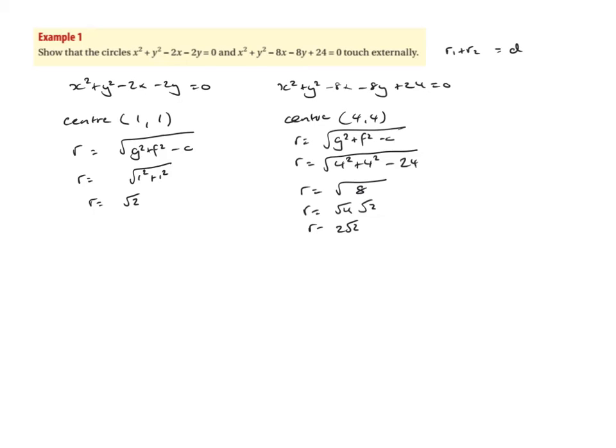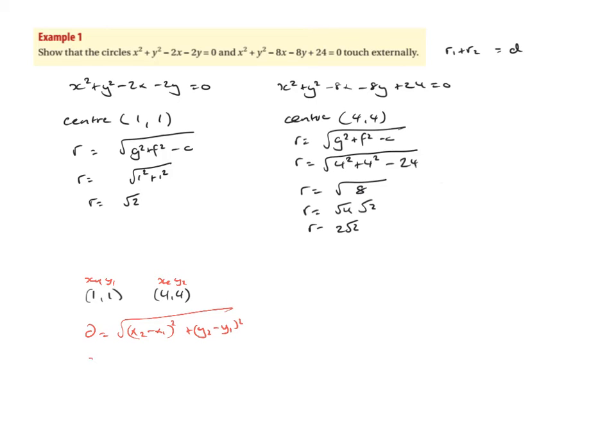So let's just write them down here. So the first centre is 1, 1. The second centre is 4, 4. We're now going to label them before we stick them through the formula. So we've got x1, y1, and we've got x2, y2. And remember that the formula for the distance is equal to x2 minus x1 all squared plus y2 minus y1 all squared, square rooted.